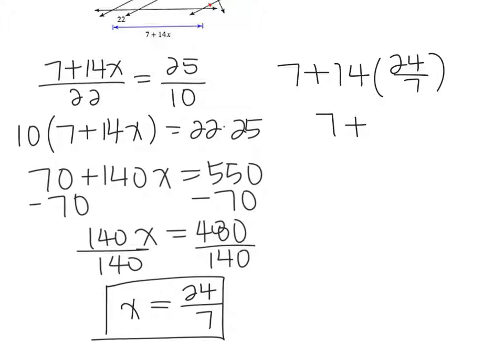So we're going to do 14 divided by 7, which is 2. And then we're going to multiply that by our numerator of 24, and we're going to get 48. So we get 7 plus 48. And 7 plus 48 is 55, which means that whole side has a length of 55.